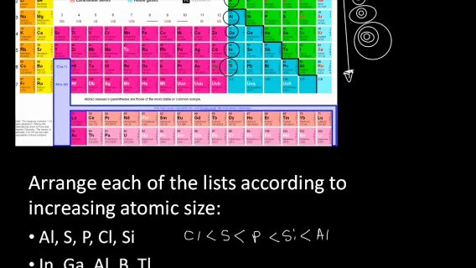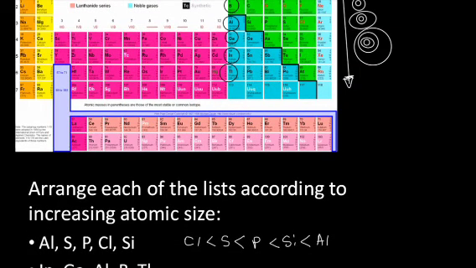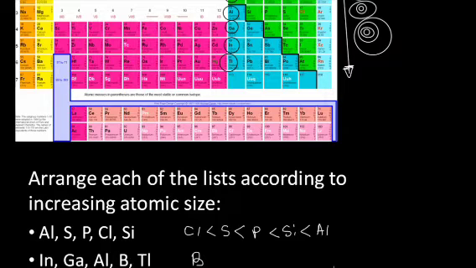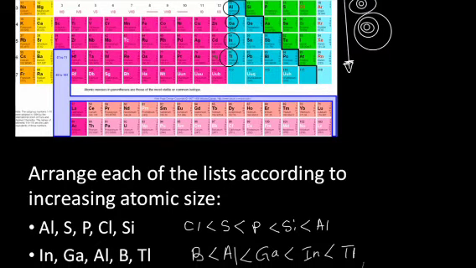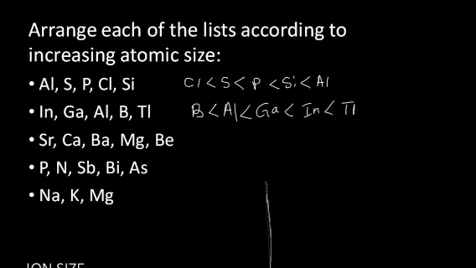So we start with B, and B is less than the others in order. Basically that is how you arrange it. So I did one that was in a period and one that was in a group. That's how it is done.